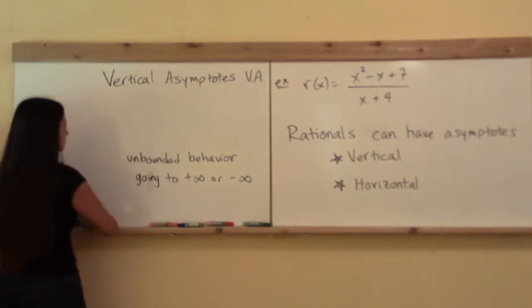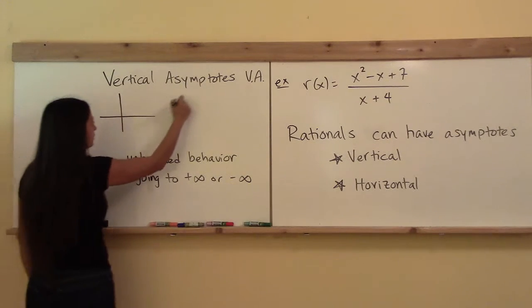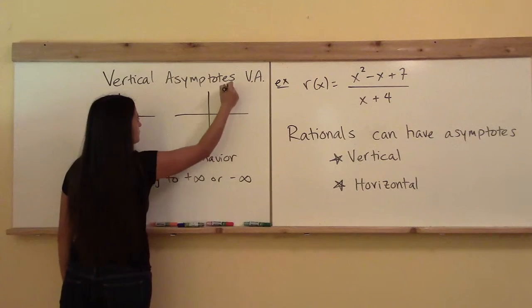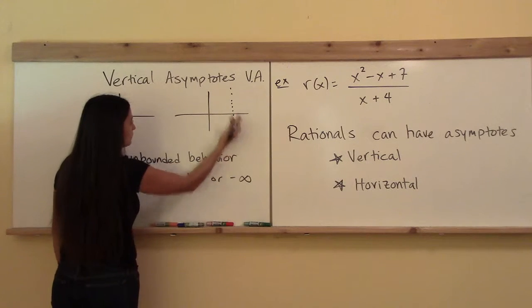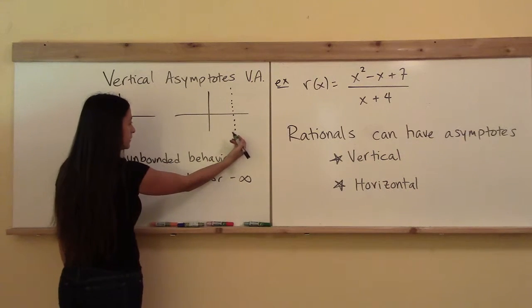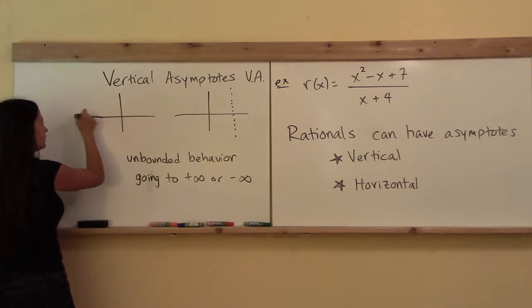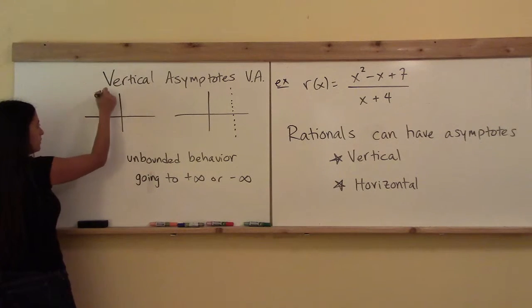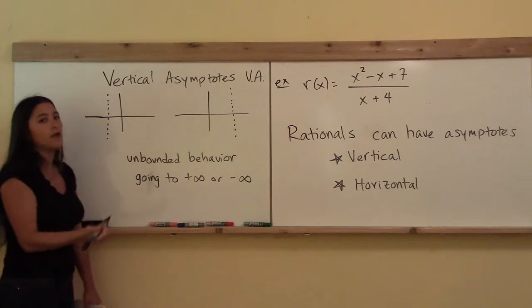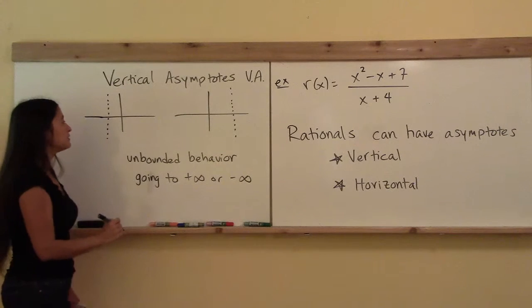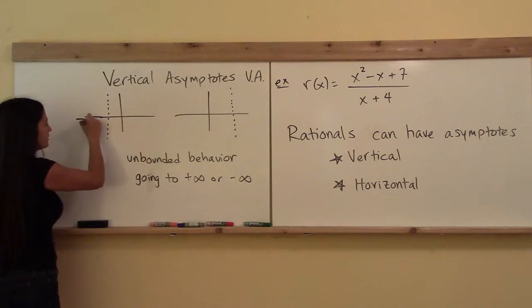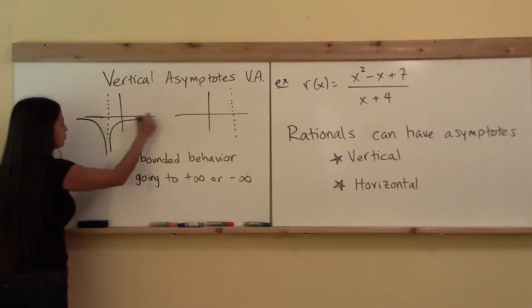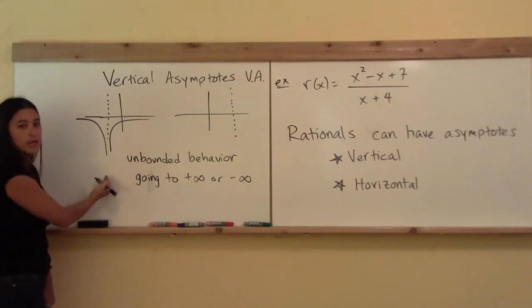So let me show you some different examples, all of things that could count as a vertical asymptote. The vertical asymptote could appear here for positive value of x. It could also appear here, it could appear over here, it could appear for any value of x. What defines a vertical asymptote is the fact that the function is decreasing or increasing without bound.